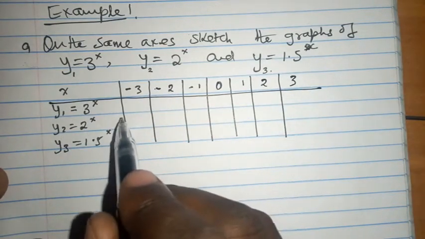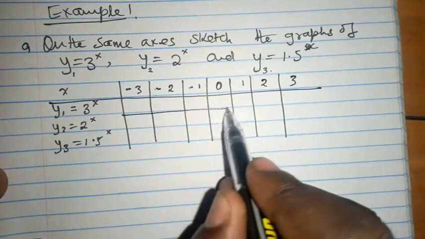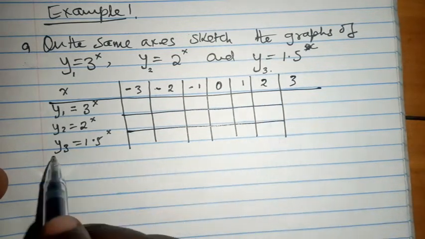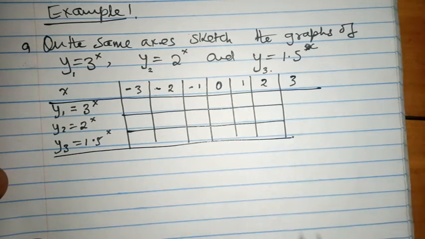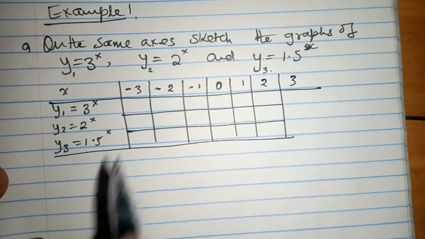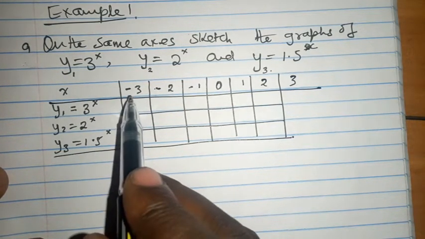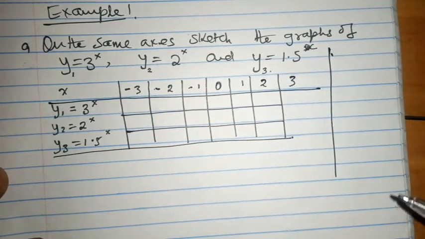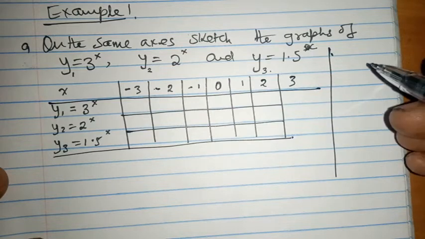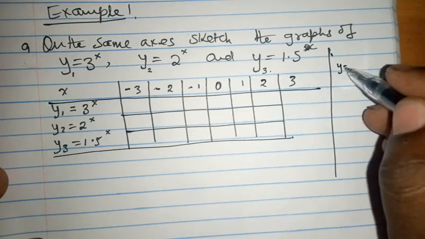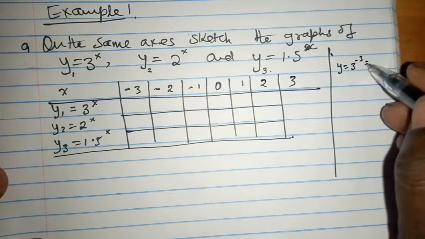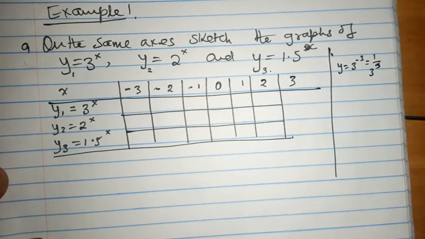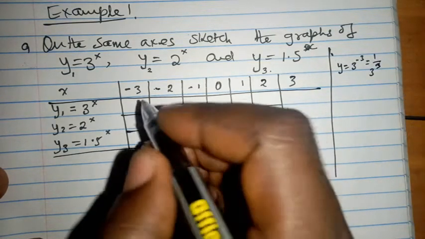And let us, for once, get to understand what these values give us. In this case, when x is minus 3, we're talking about y equals 3 raised to power minus 3, which is 1 over 3 raised to power 3 positive, which is 1 over 27.